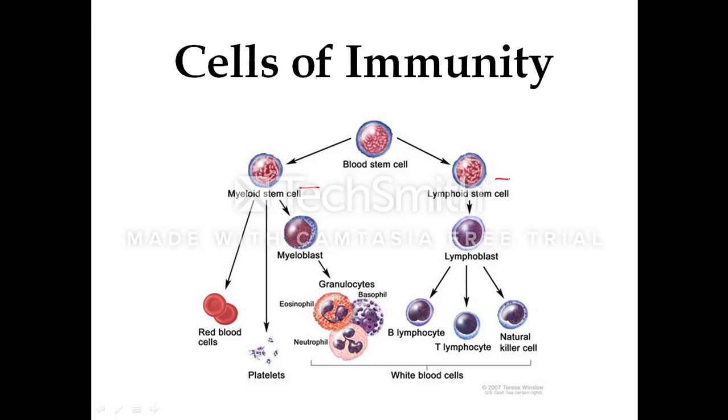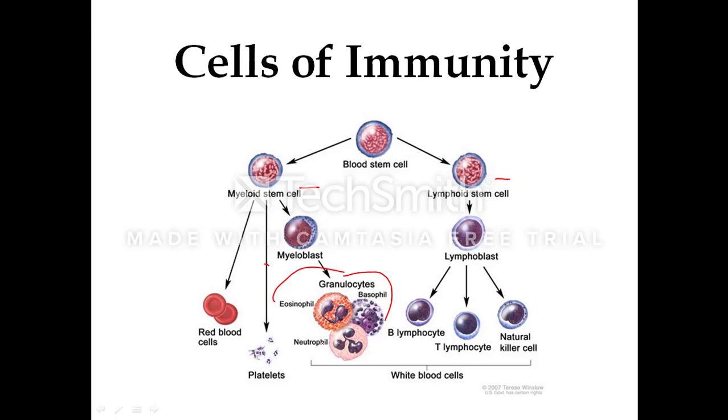Under different environmental conditions, the myeloid stem cells develop into RBCs and platelets. From the myeloid stem cell we also find the formation of granulocytes. These granulocytes have granules in their cytoplasm, and they are involved in immune reactions.